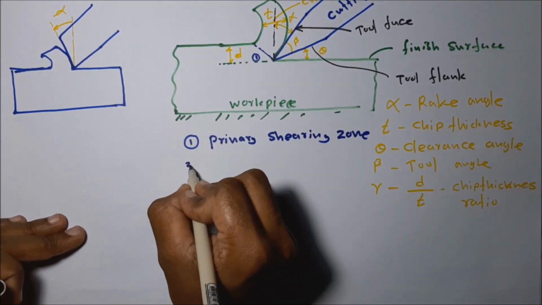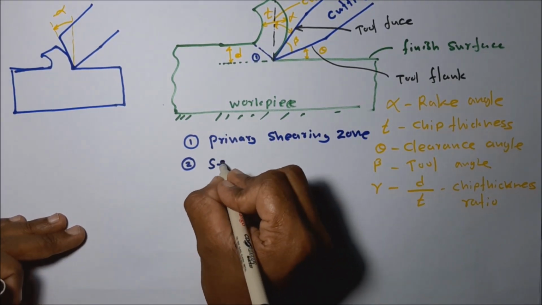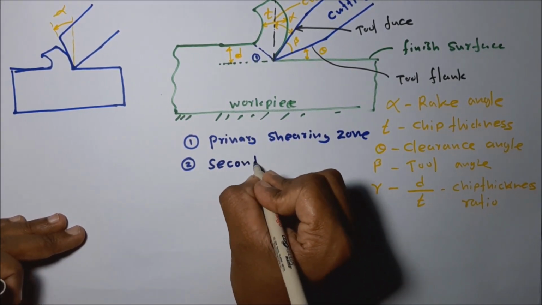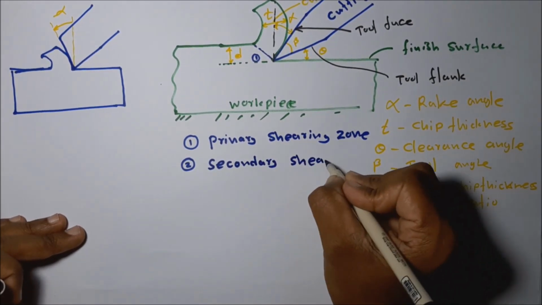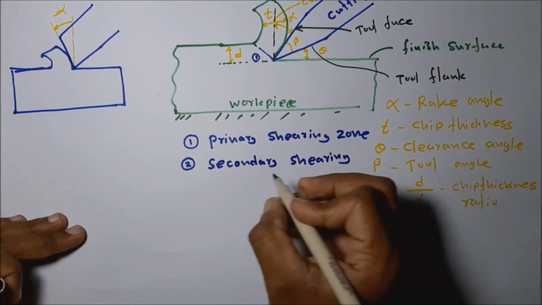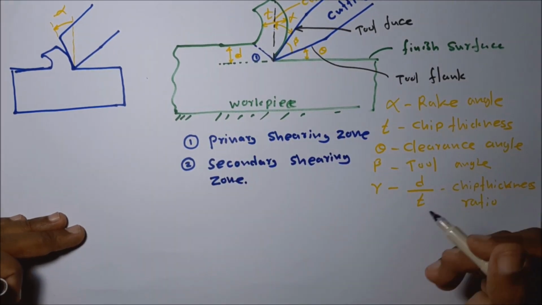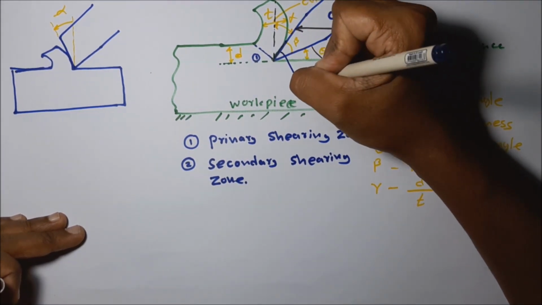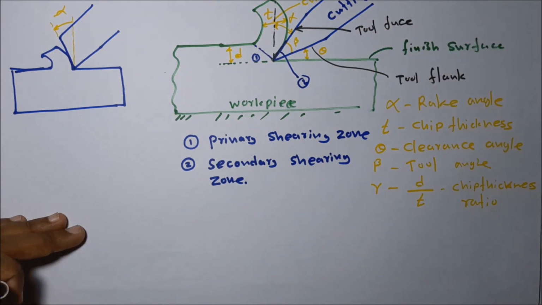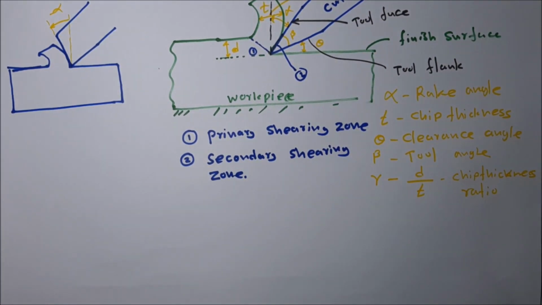Number 2 is called the secondary shearing zone. Here this is the number 2. Primary shearing zone and the secondary shearing zone. Identify these two shearing zones.